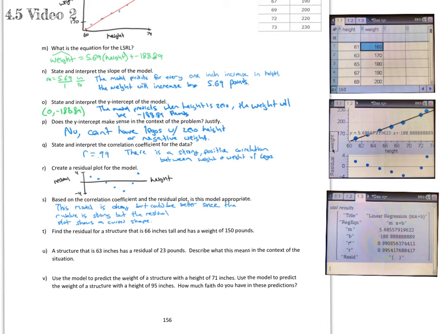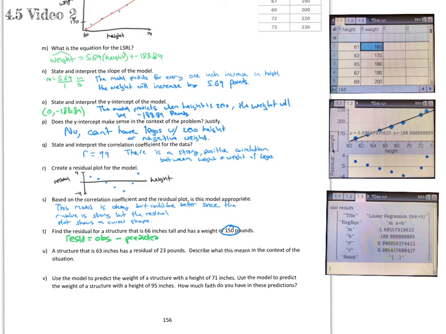The next part says find the residual for a structure that is 66 inches tall and has a weight of 150 pounds. Okay, so the residual means I have to use that formula. Residual equals observed minus predicted. Okay, and the observed is what they give me in the problem, 150.